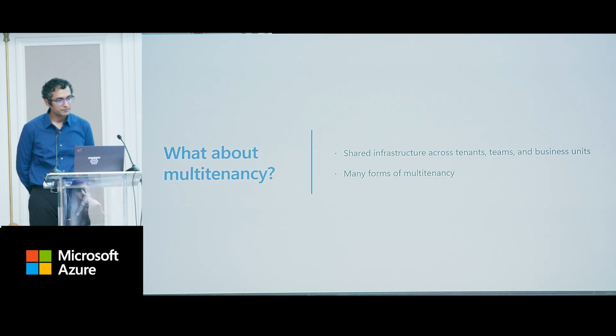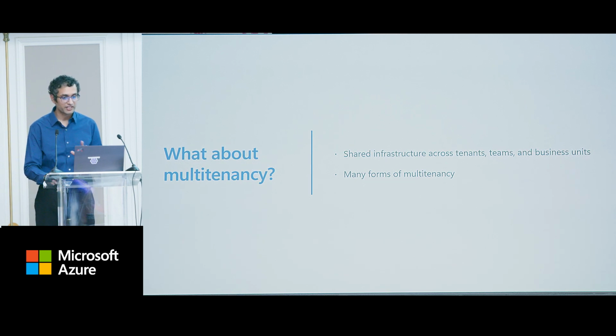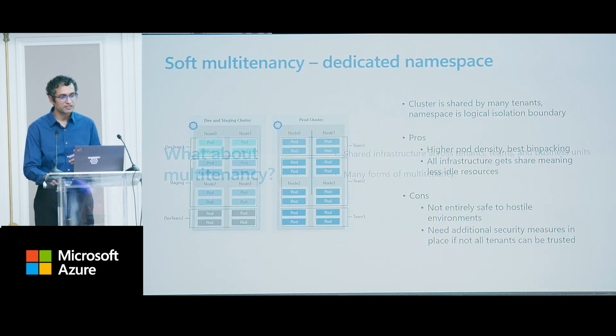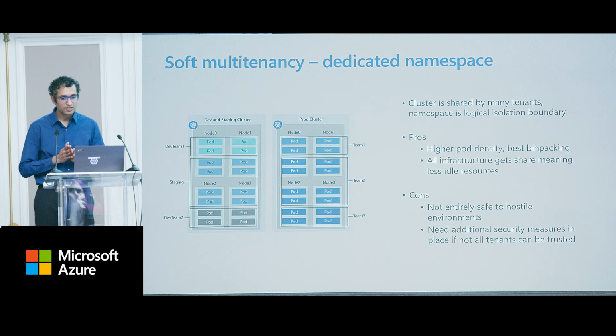What about multi-tenancy? This is all about sharing infrastructure across tenants, teams, and business units, and there are definitely multiple types and variants of multi-tenancy. Some of it we'll see here. Soft multi-tenancy comes in two forms. One is dedicated namespace, where a cluster is shared by many tenants, the namespace being the one logical boundary.